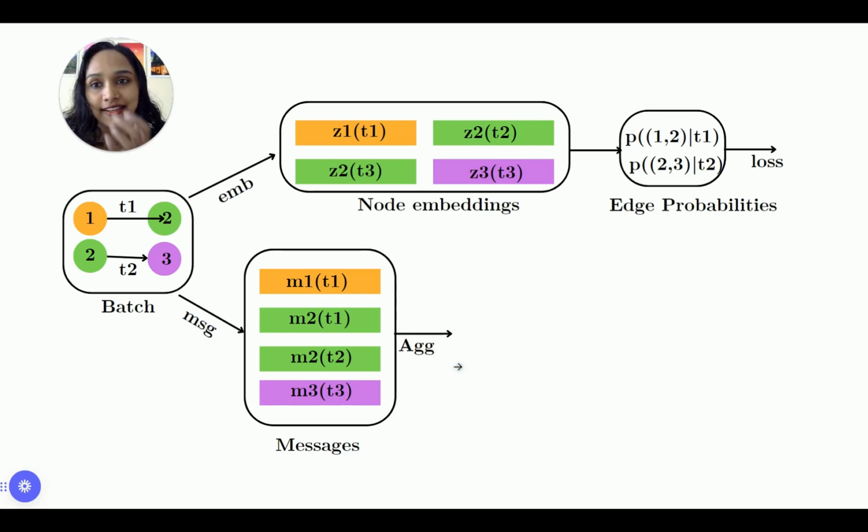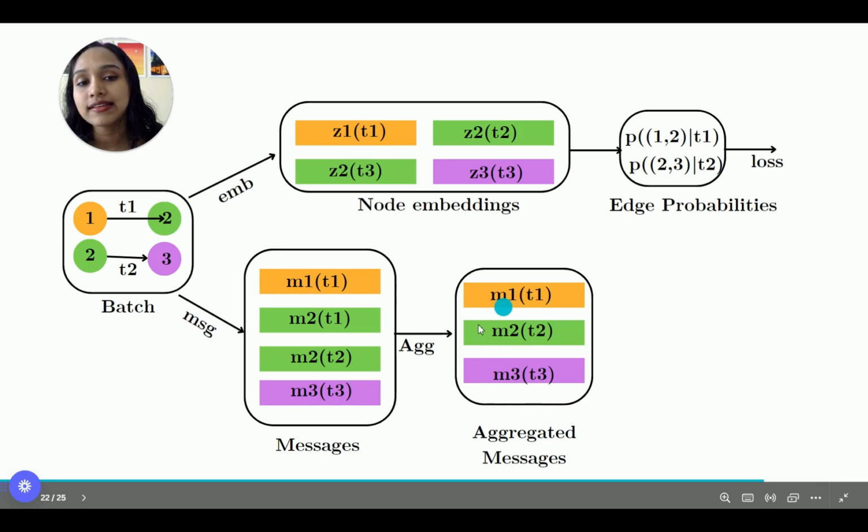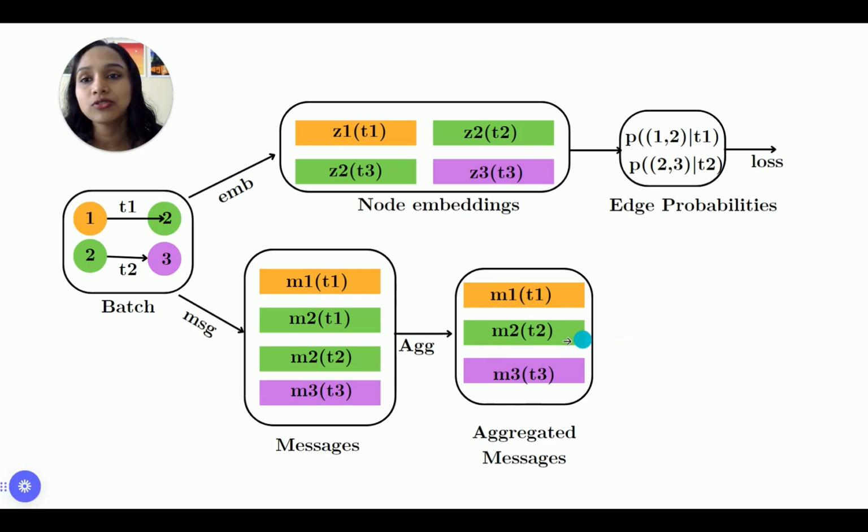By using the message aggregator, like I said, the function of this message aggregator is to aggregate the events happening with the same node and summarize them into a single message. Now node 2 has two messages, so it is aggregated with respect to the new time, and we have the aggregated messages as M1 of T1, M2 of T2 and M3 of T2.